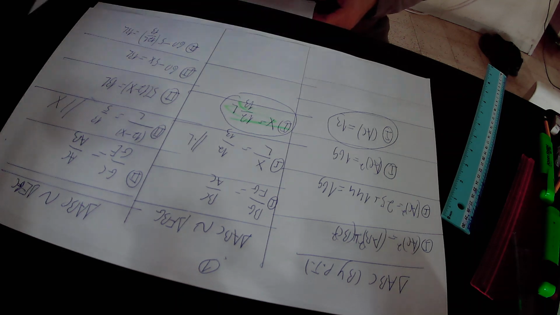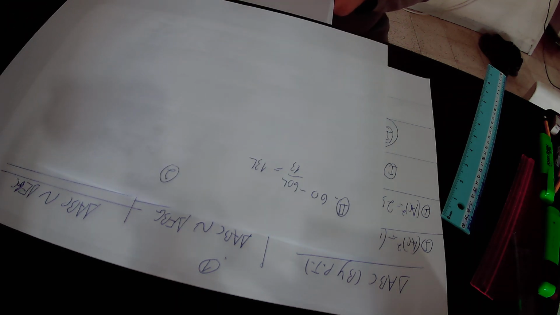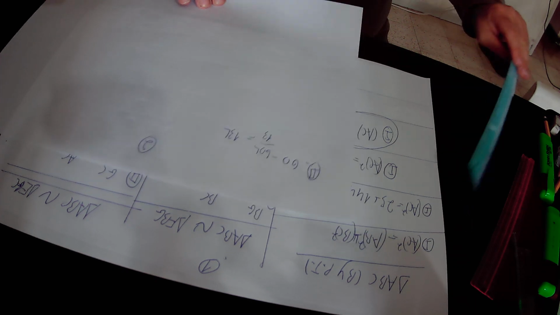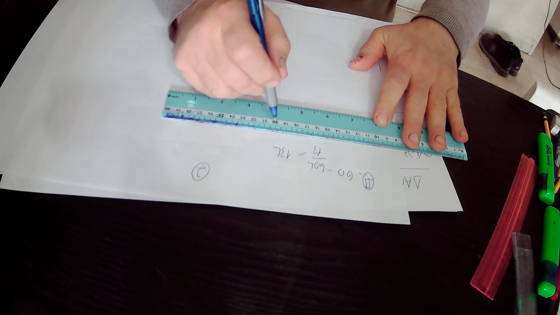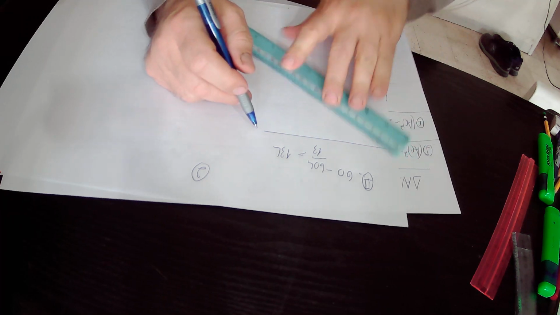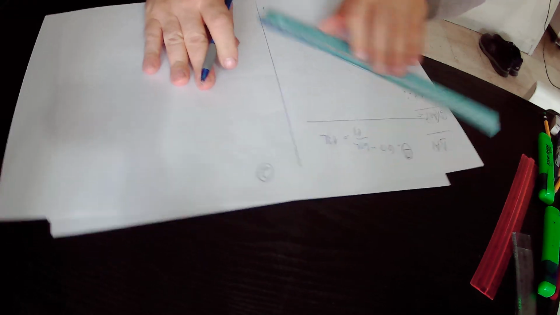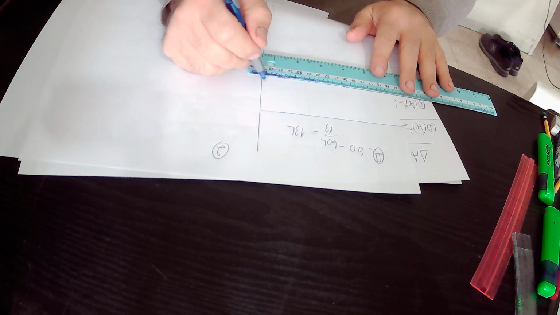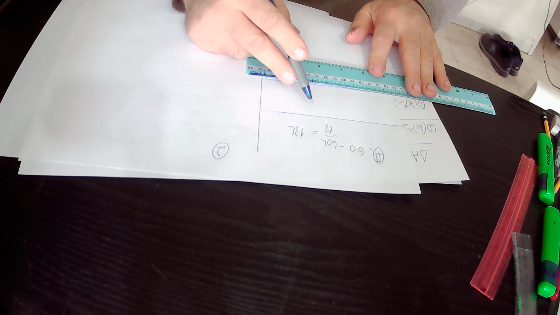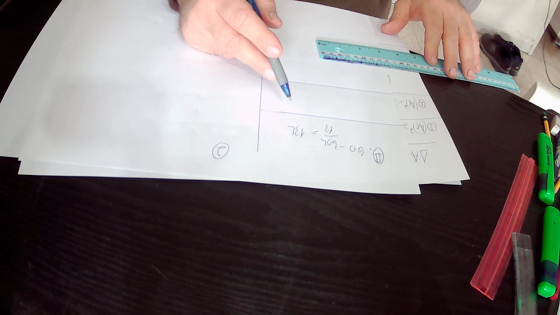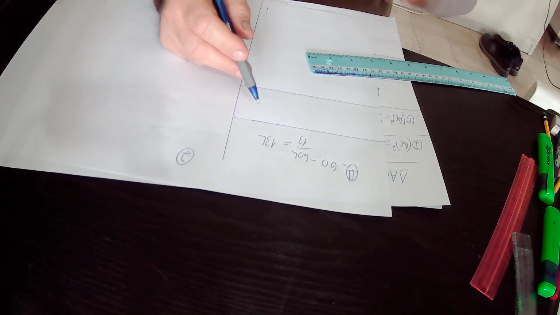And again, according to equation 2, 60 minus 60L over 13 equals 13L.